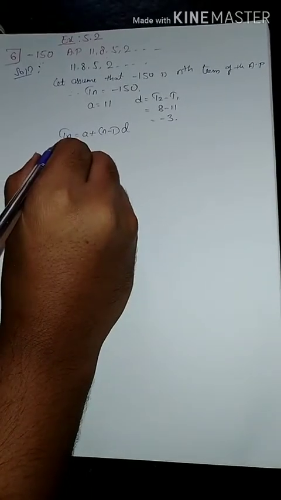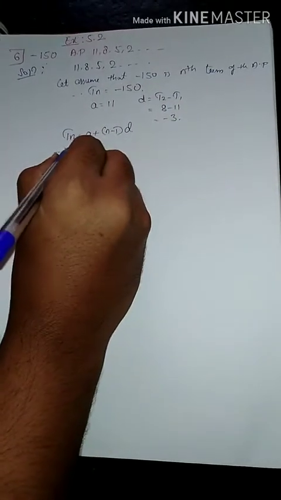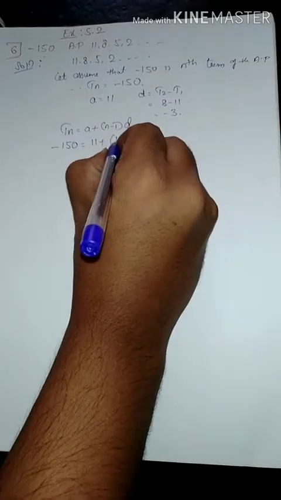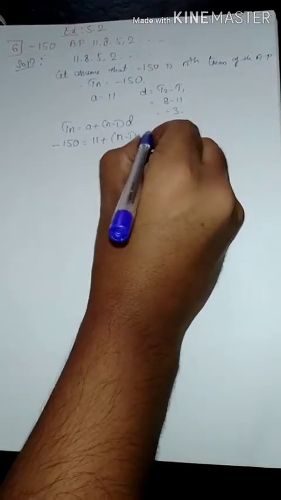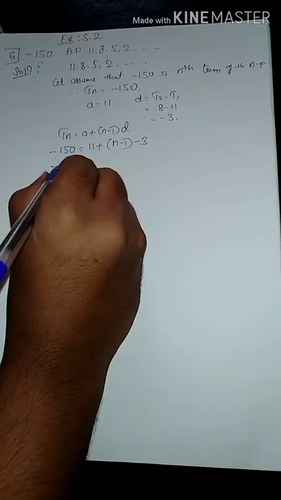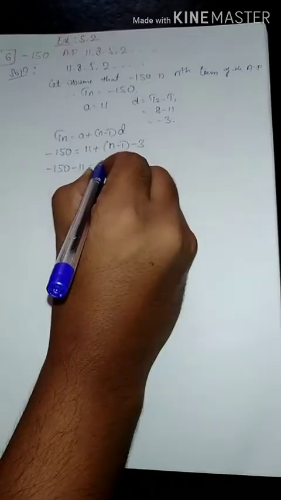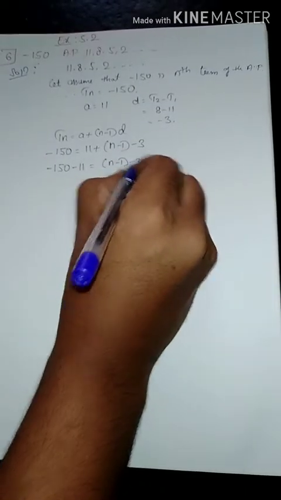So put the values. Tn is minus 150, equal to A, which is 11, plus n minus 1 (we need to find the value of n) into D, which is minus 3. So the plus 11 moves to the left hand side and becomes minus 11: minus 150 minus 11 becomes minus 161, equal to n minus 1 into minus 3.